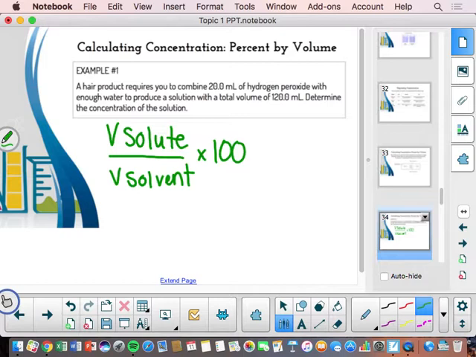We actually are going to have to do another small calculation, but let's pick this out. 20 milliliters is hydrogen peroxide, and that's going to be mixed with water. Water is almost certainly going to be the solvent. So right here, that's going to be water in our question, and right here, that's going to be hydrogen peroxide.